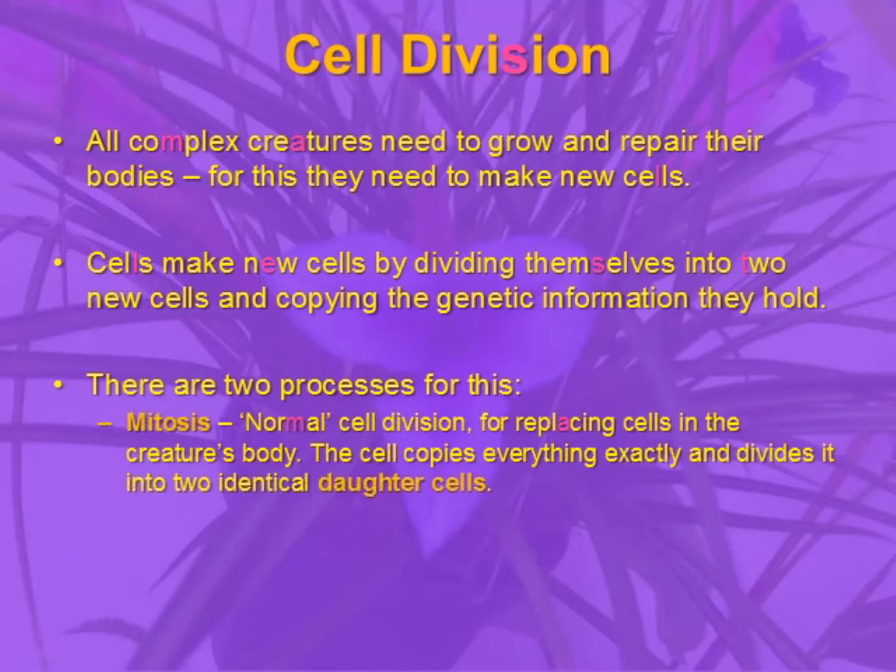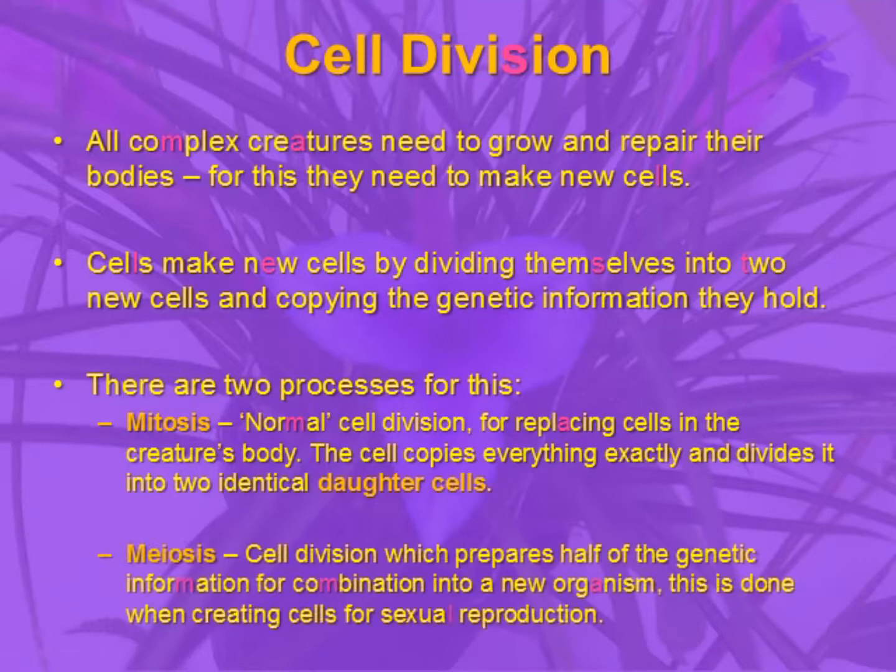The first is mitosis, which is normal cell division, if you like, replacing cells and healing and growing. And this copies everything in the cell exactly, and it divides the cell into two identical daughter cells. That's what we call cells that come out of a cell division.